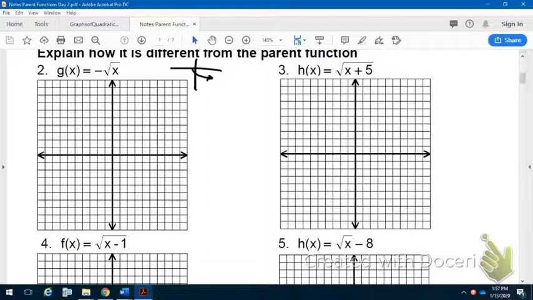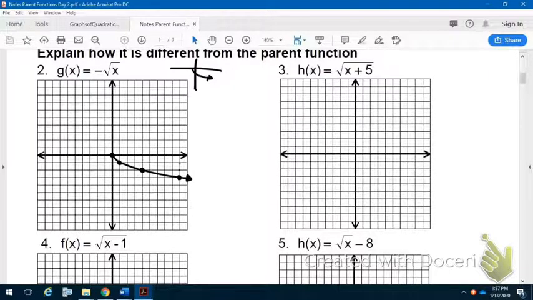But the basic moves, if you think about the moves from the origin, start at the vertex, which is 0, 0. And so instead of over and up, you go over and down. Over 1 and down 1. You're going to go over 4, 1, 2, 3, 4, and down 2. And over 9 and down 1, 2, 3. And then that's your parent function going to the right.